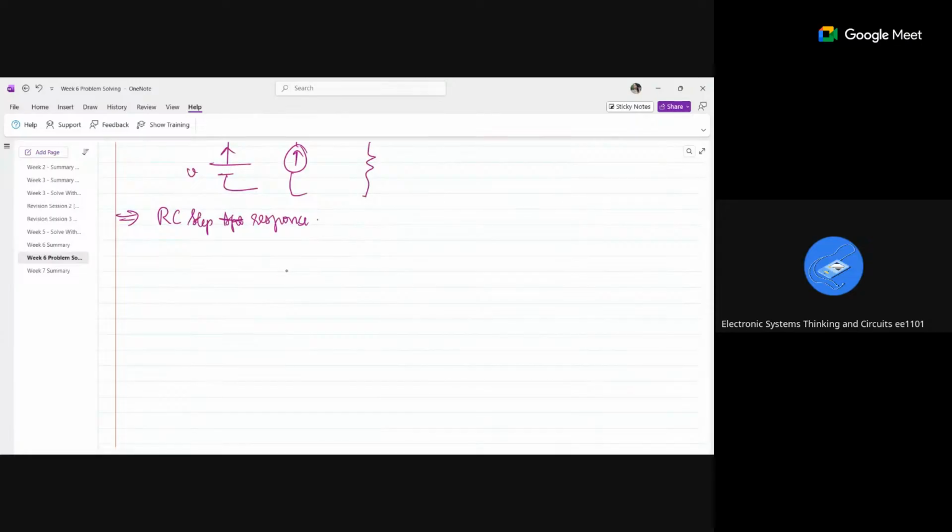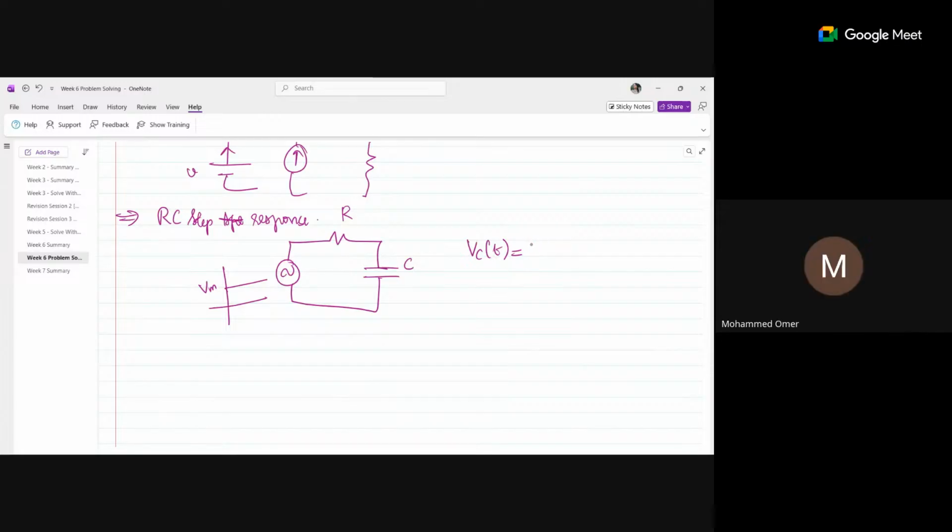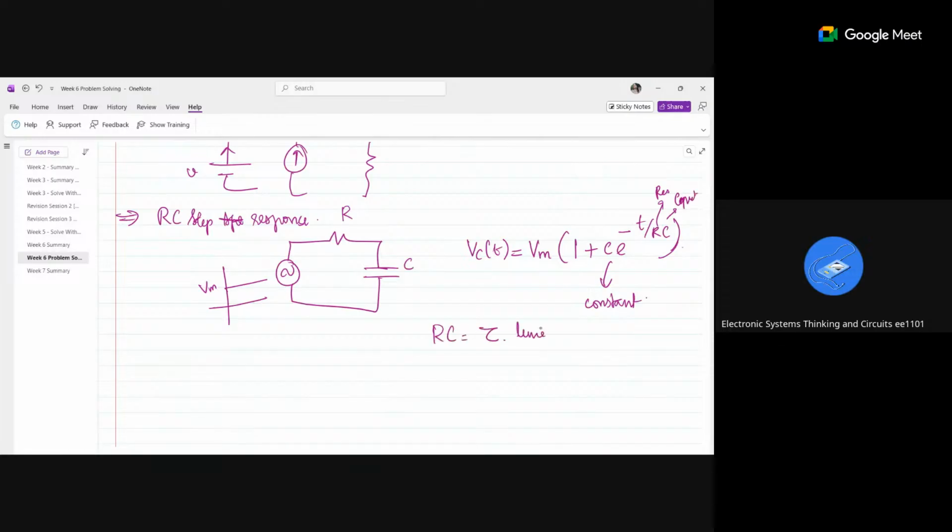Just tell me, if a step input of Vm is given to an RC network, what is the general equation for Vc of t? Vm into 1 plus C e power minus t by RC. This C is a constant, R is the resistor and C is the capacitor, and RC is nothing but the time constant.